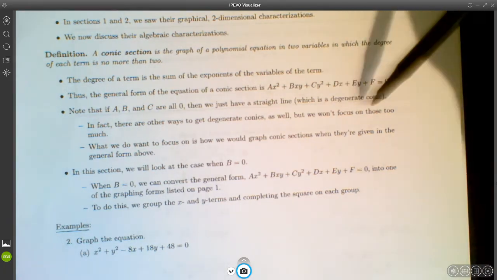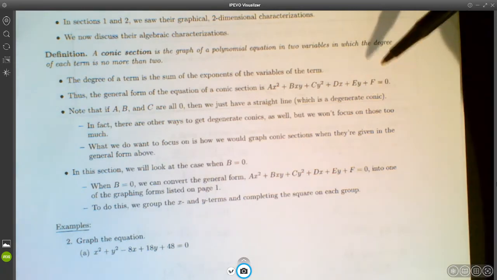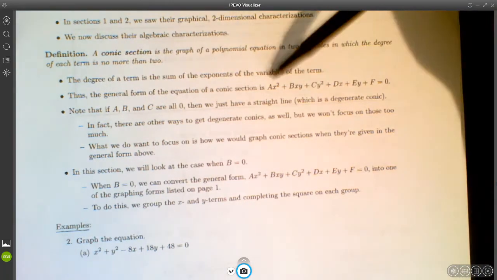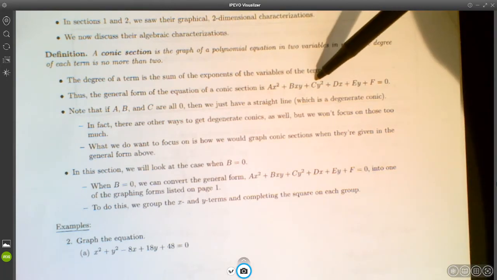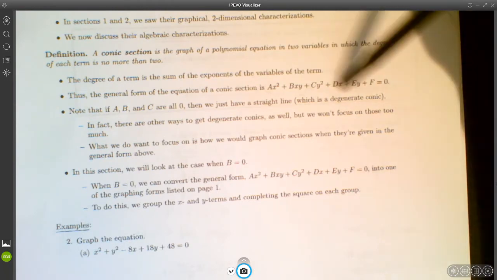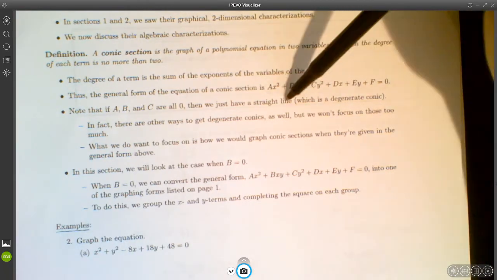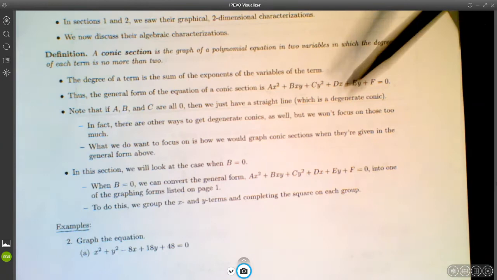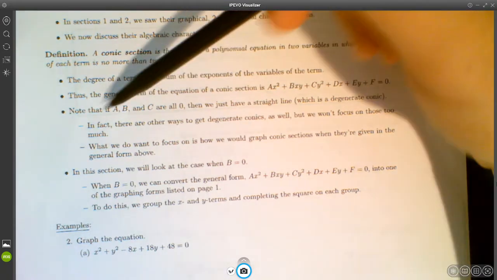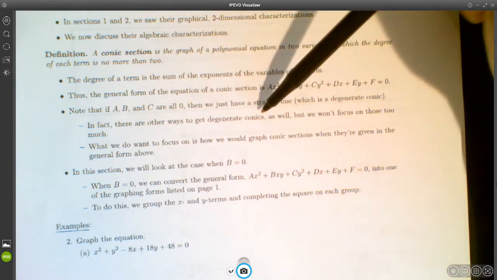These happen when you don't actually get a conic section. For example, if A, B, and C are all 0, you just have dx plus ey plus f equals 0. That's just a straight line, which we call a degenerate conic section.